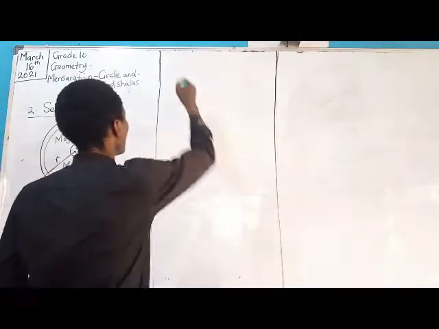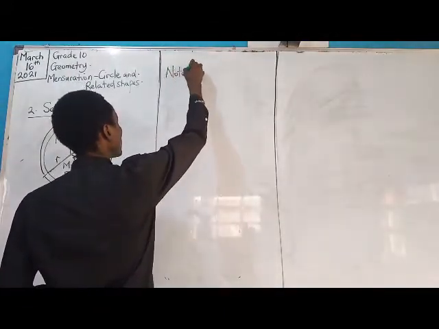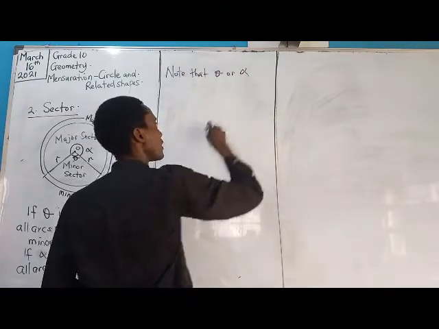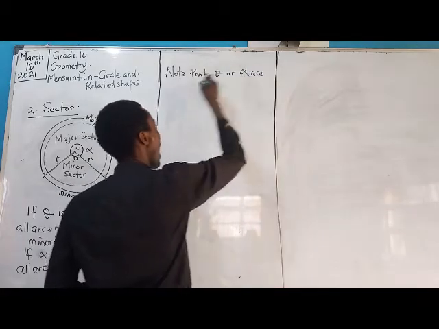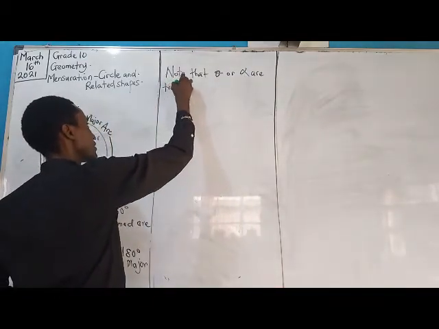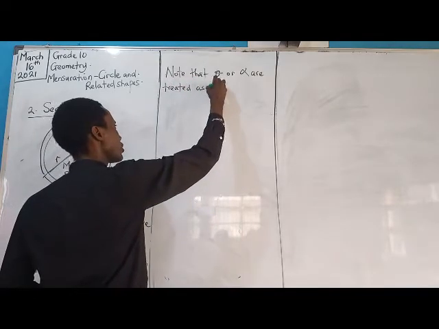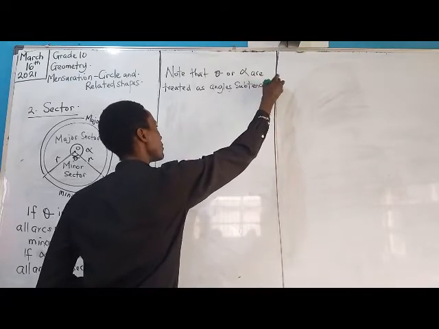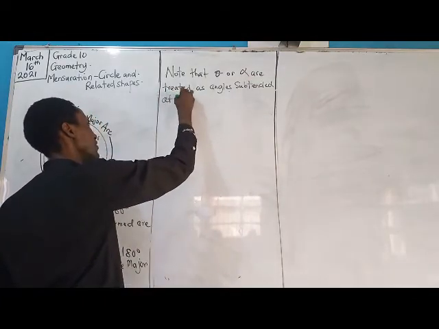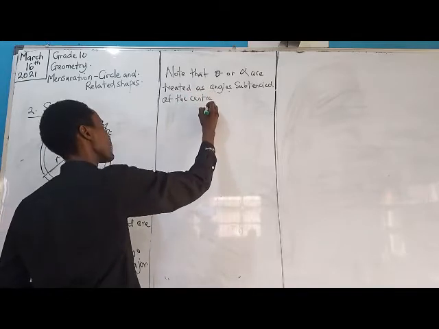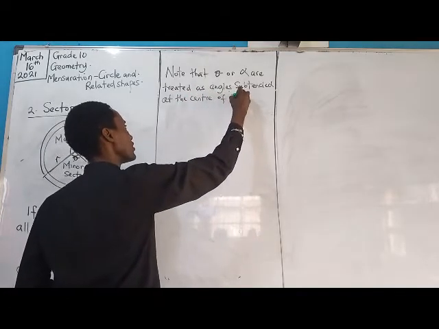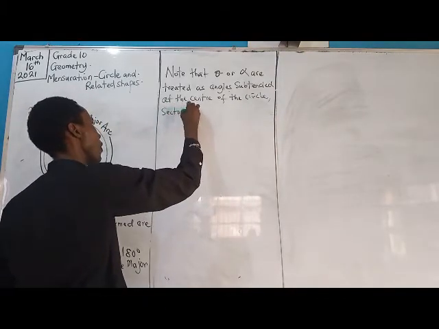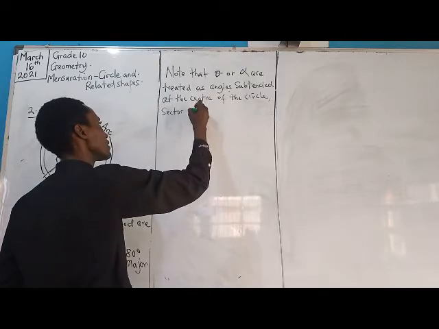Note that theta or alpha are treated as angles subtended at the center of the circle, sector or arc.